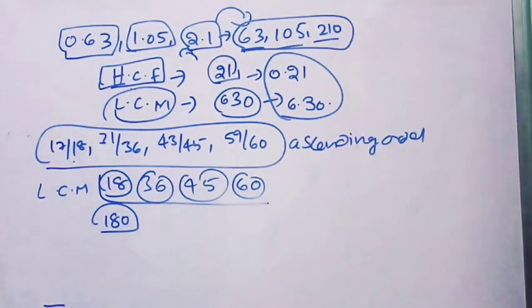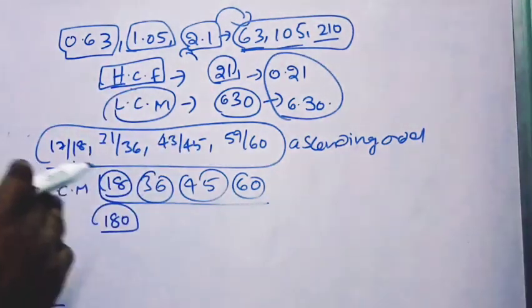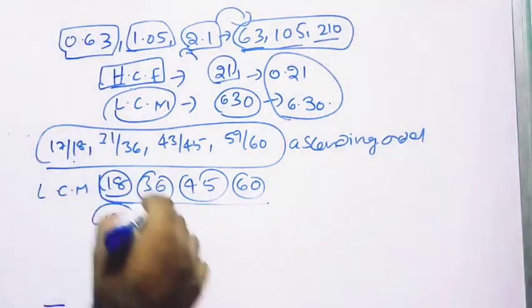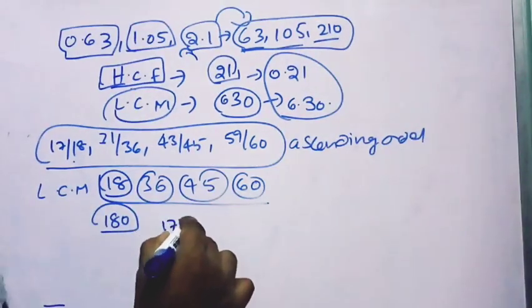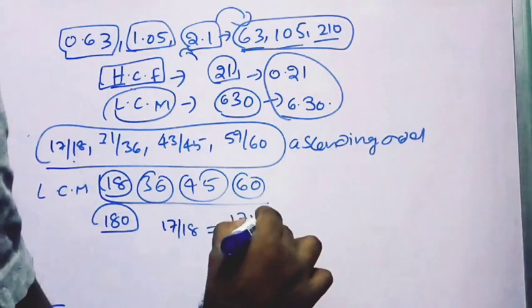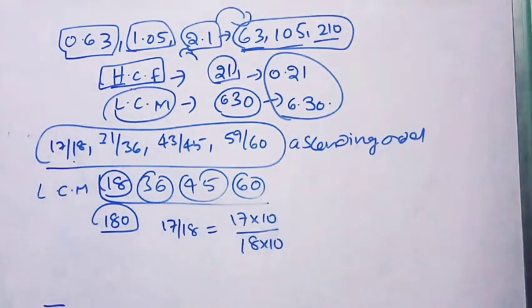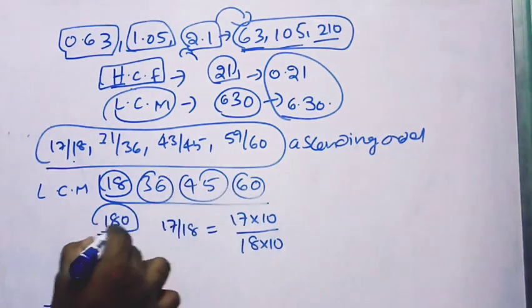So now I'm going to write all the numbers as common fractions. I'll write 17 divided by 18 as 17 into 10 divided by 18 into 10, because my LCM is 180.